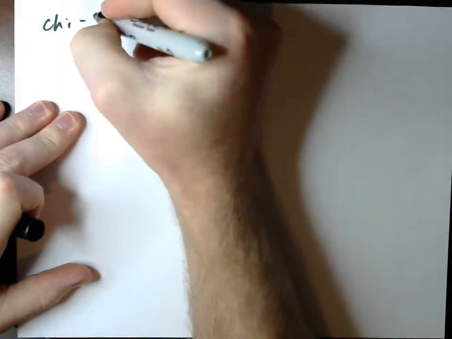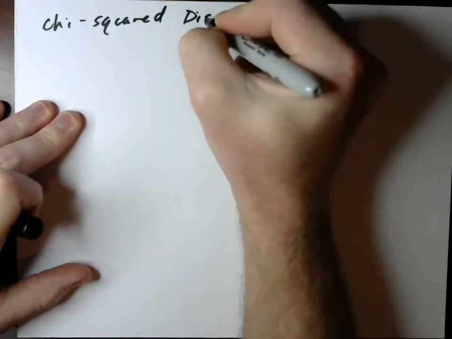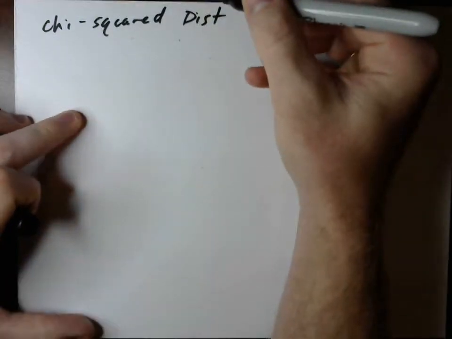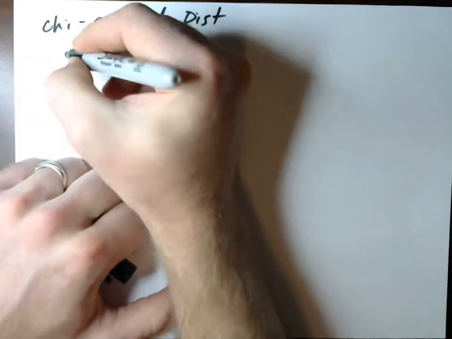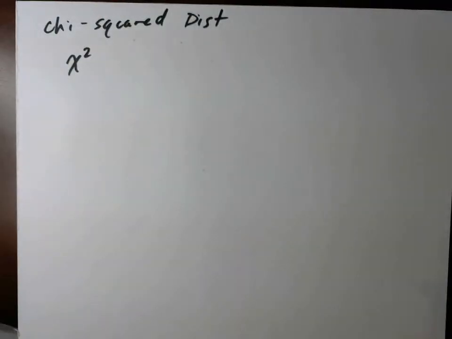So the chi-squared distribution, and chi is a Greek letter, and looks like that, and squared, chi-squared distribution.